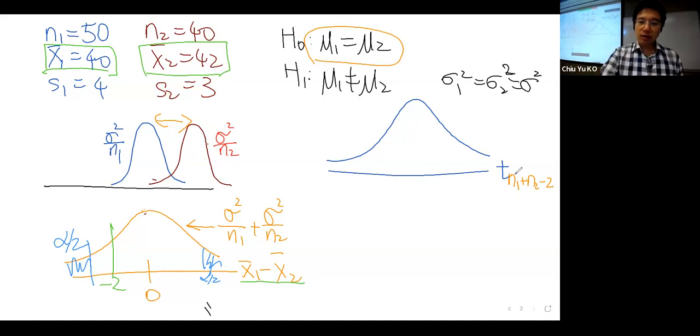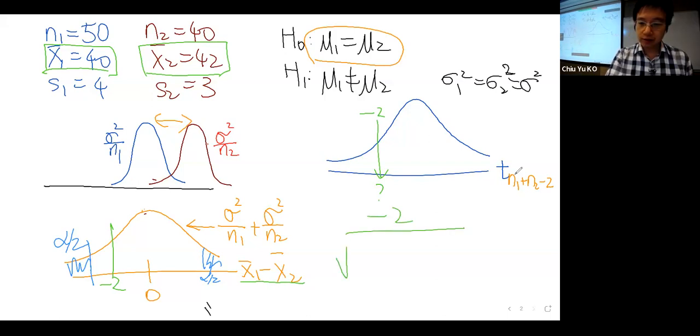Now, how do we convert negative 2 to here? What is the number here? Negative 2 to what? How to convert this number? You have to determine it by this SD. So that would be negative 2 over the square root of SP squared over n1 plus SP squared over n2, right?